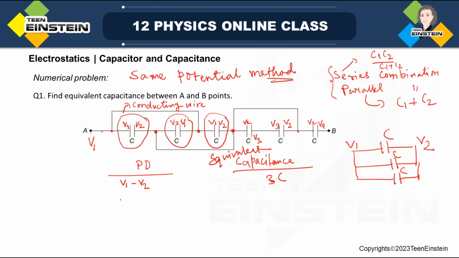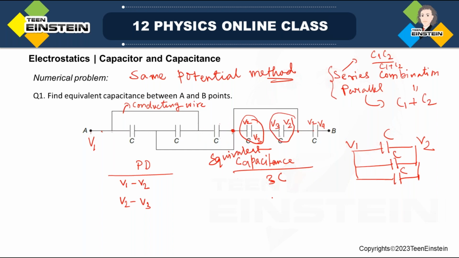Now if I write V2, V3 with this potential difference, look how many are there. Let me clean this portion. Now with V2, V3, this is one. Another one is this one.